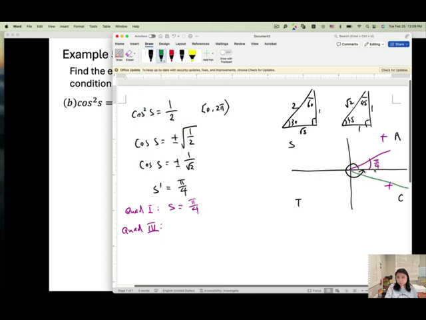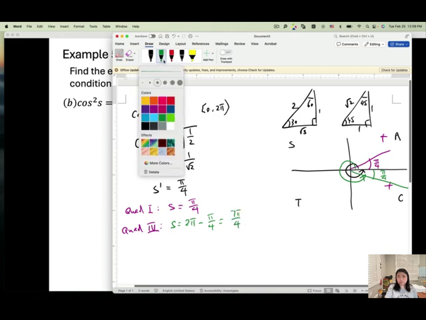The reference angle is going to be here, pi over 4. For quadrant 4, the angle S, we calculate starting from 0 until this point. So 2 pi minus pi over 4. Get the same denominator times 4. So 8 pi minus pi, that would be 7 pi over 4.